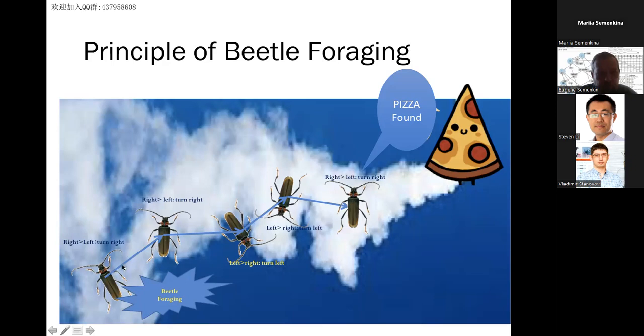Using this very simple rule, the beetle will keep comparing the smell sampled by the left antenna and the right antenna at different locations. It will generate a trend to move towards the pizza, towards the global optimum, and finally localize the global optimum. Our algorithm is a generalization of this simple behavior from two-dimensional space to generally n-dimensional space.